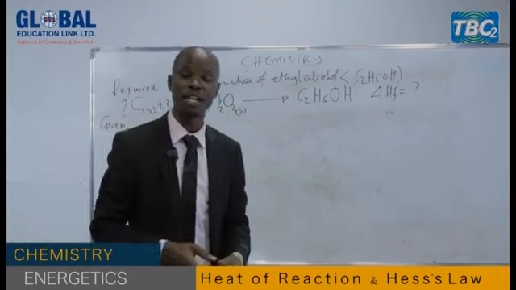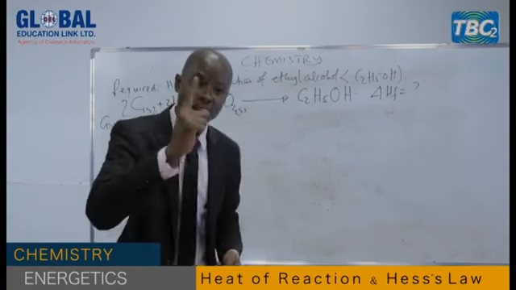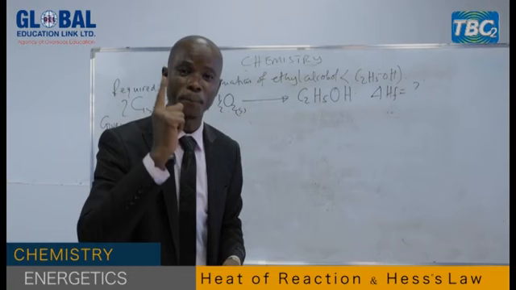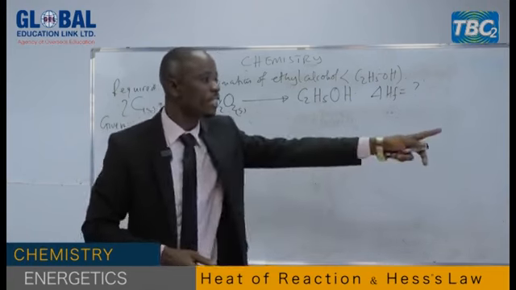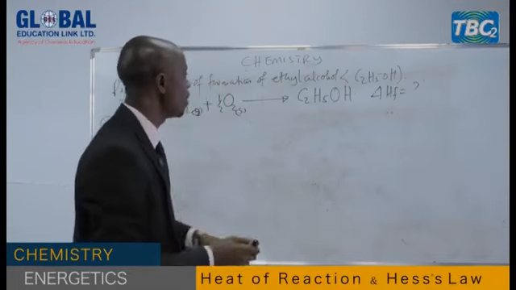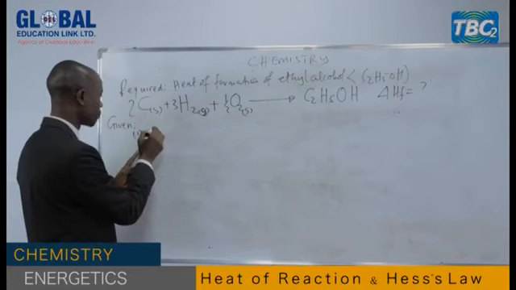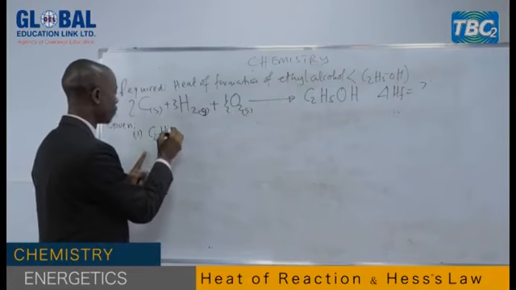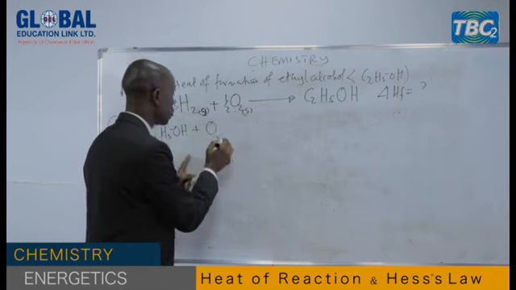Heat of combustion is the heat evolved or heat released when 1 mole of the compound is completely burnt in oxygen. So heat of combustion of ethyl alcohol is when this compound is completely burnt in oxygen.